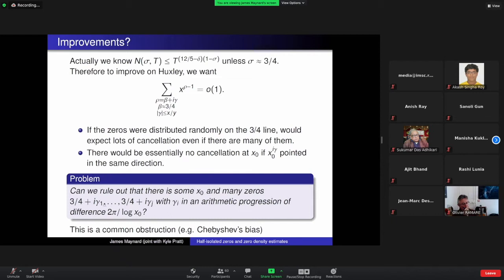And this sort of obstruction actually appears in quite a few different places. For example, if you started having arithmetic progressions of low-lying zeros for certain Dirichlet L-functions, this would also cause various unexpected behavior and problems in questions about, say, Chebyshev's bias and things like that. But it's a common obstruction that you run into, that there could be these arithmetic progressions of zeros as you go up the imaginary line.